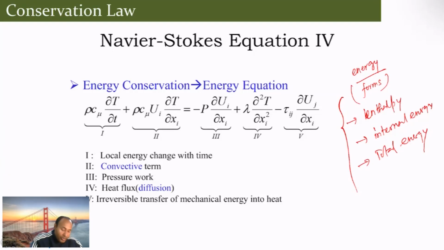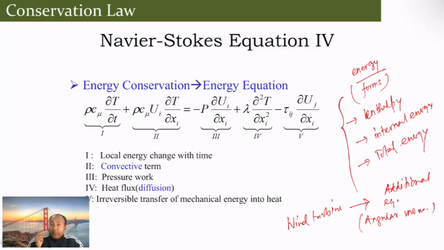So when you talk about a wind turbine, you need one more additional conservation equation, which is angular momentum. This is a rotating frame system, and it is not only the wind turbine but also a hydro turbine, pump, or compressor, so you need angular momentum conservation.